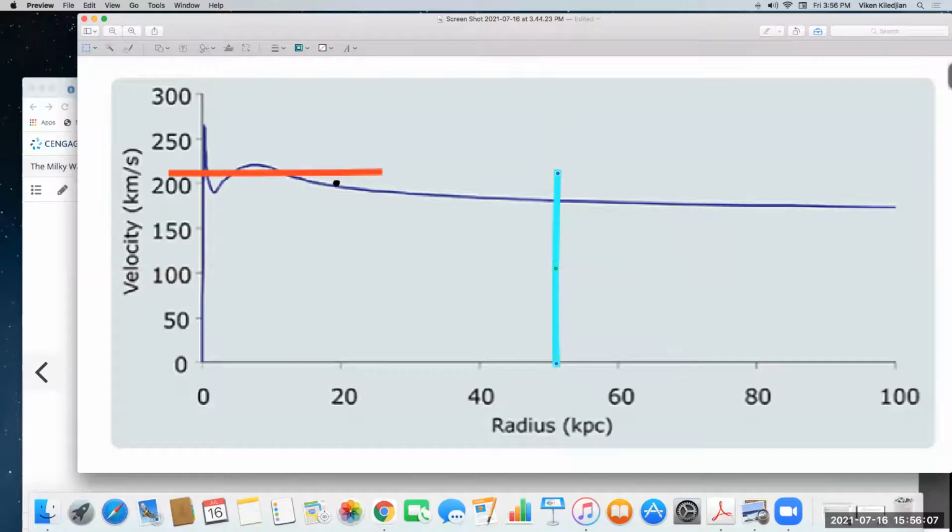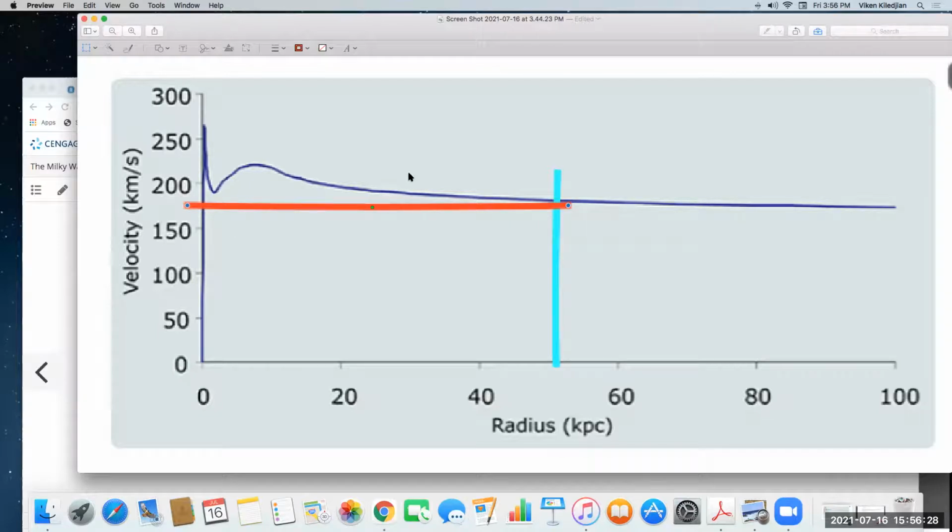Then what would that speed be? I'll go right there. Right there. That's the speed. You see? So you can kind of guess, okay, it's closer to 200. So guess a number there.